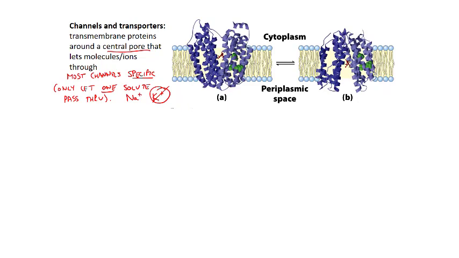So this diagram gives an example of a glucose channel. And in this case, we have our interior pore right here. And for this particular channel, there's actually a conformational change that occurs when the glucose binds to pass through. The whole thing just sort of inverts in and out so that our glucose can bind on one side and then pass out on the other side.